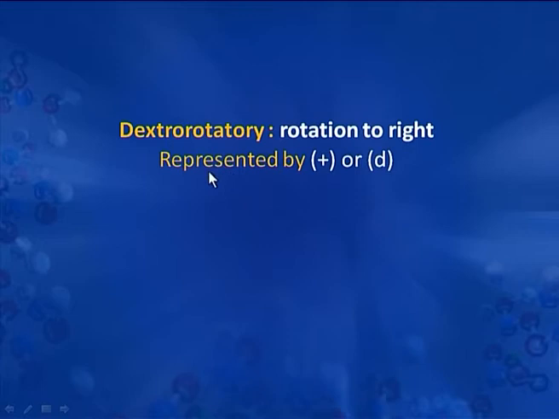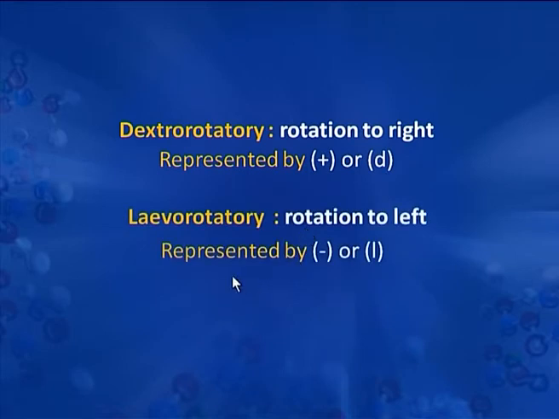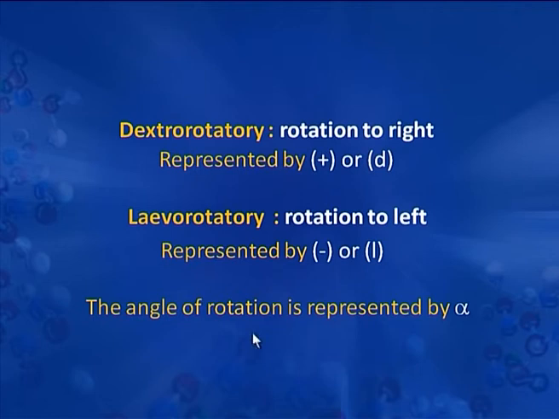Dextrorotatory substances are represented by plus sign, or a small d is written before the name for that particular compound, and levorotatory substances are represented either by minus sign or a small l is written before their name, and the angle of rotation is represented by alpha. So, rotation of any substance can be written as plus or minus, and then the number of degrees by which the plane of plane polarized light has been rotated.